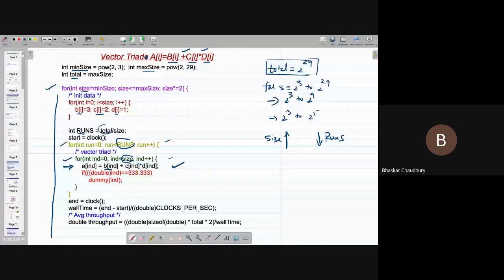Because your outer loop is size, as size increases, runs will go down, so this outer loop will decrease and your inner loop will increase.